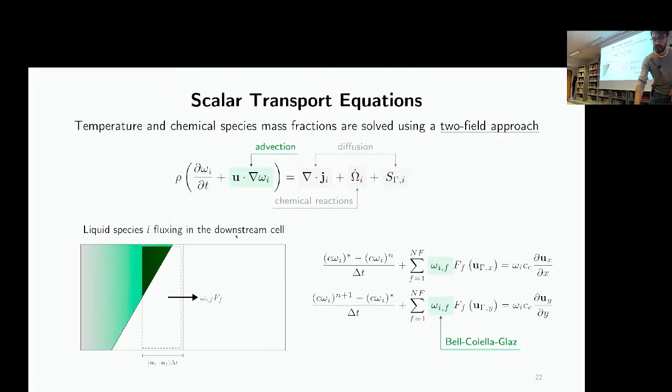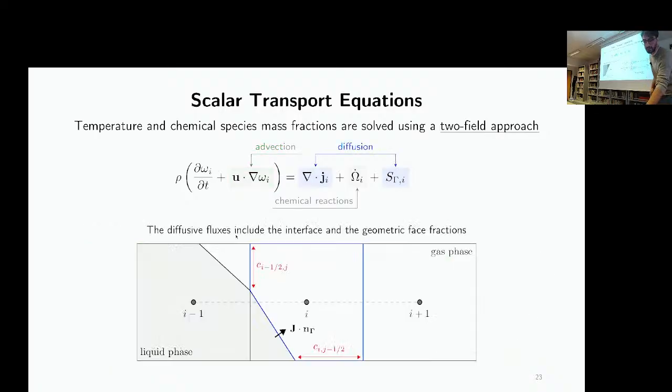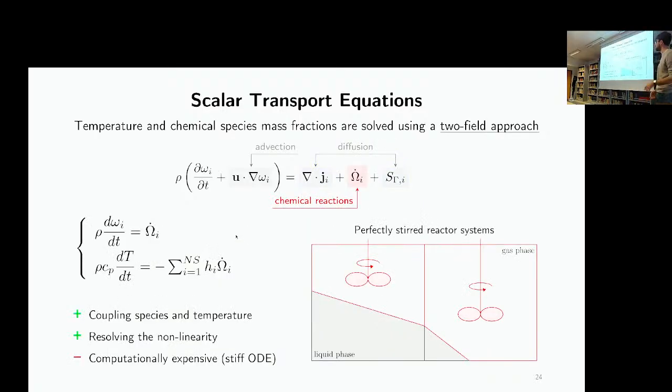In particular, the advection step is performed using the same geometric fluxes procedure used for the volume of fluid transport equation. The diffusion step is resolved by considering the phase fraction, so the amount of the cell occupied by the phase being solved, while the chemical reactions are resolved by coupling both species and temperature in every cell in a stiff ODE system of equations.